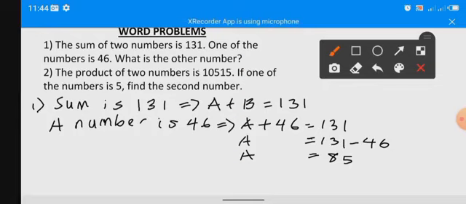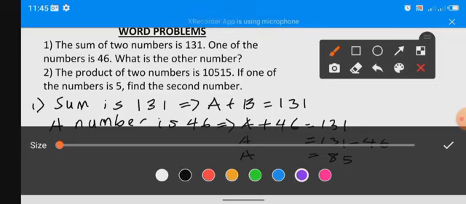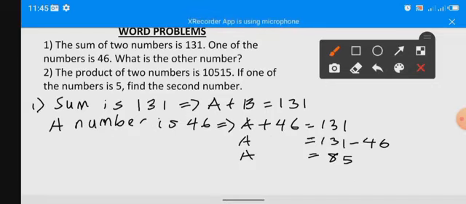Question 1 says the sum of two numbers is 131. Now that's a statement. So in word problems, we try to translate the sentence into a mathematical equation.